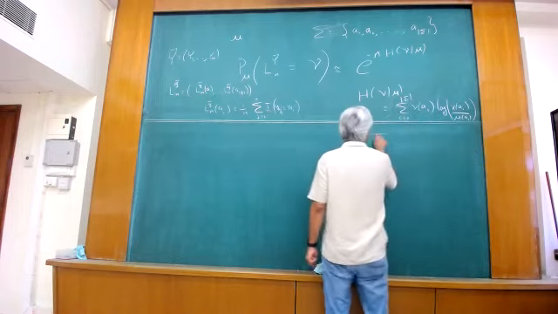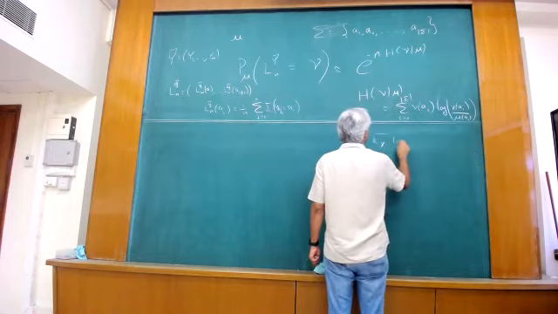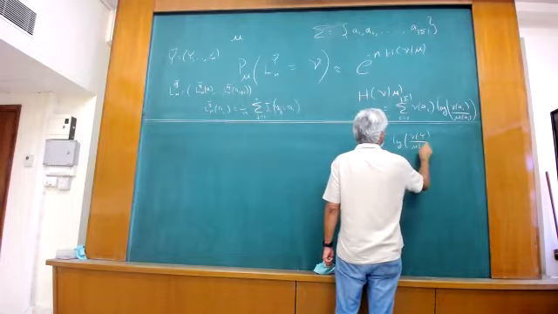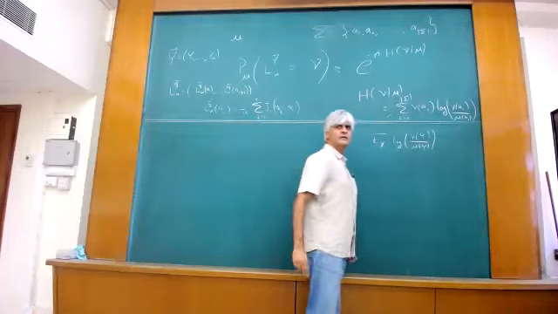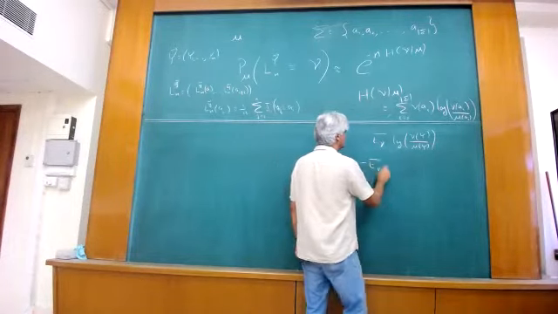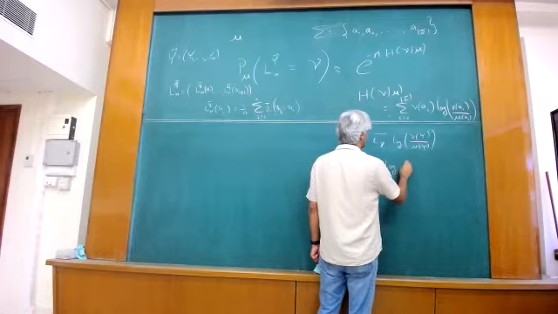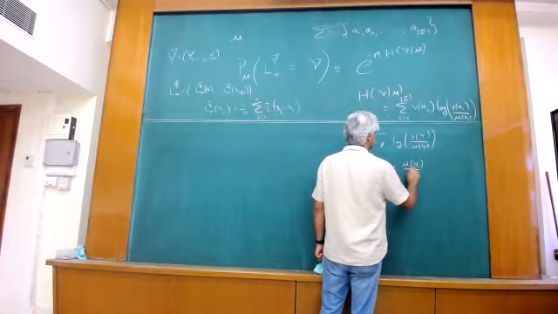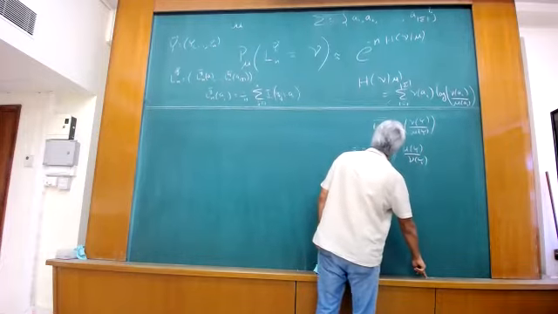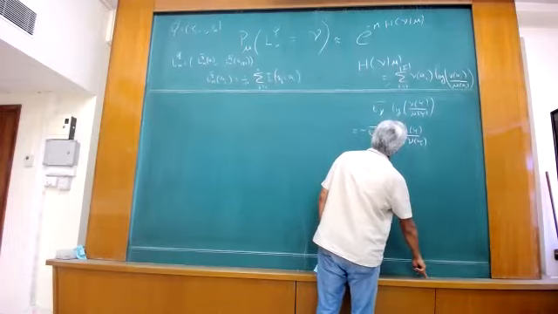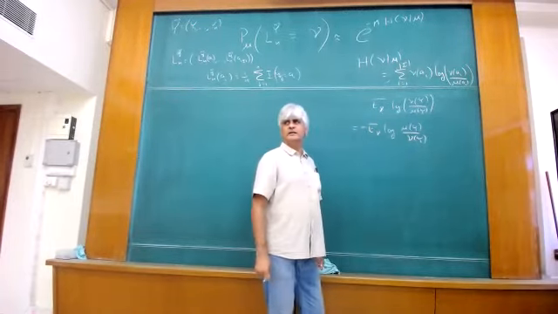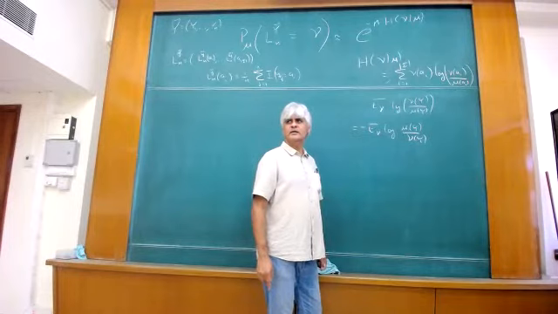This is just the expected value under nu of log of nu(y) upon mu(y), which I can write as minus E_nu of log of mu(y) upon nu(y). Now log is a concave function, so I take the expectation inside and get a lower bound.